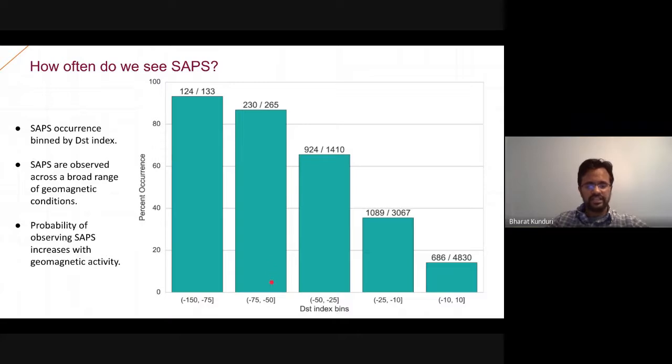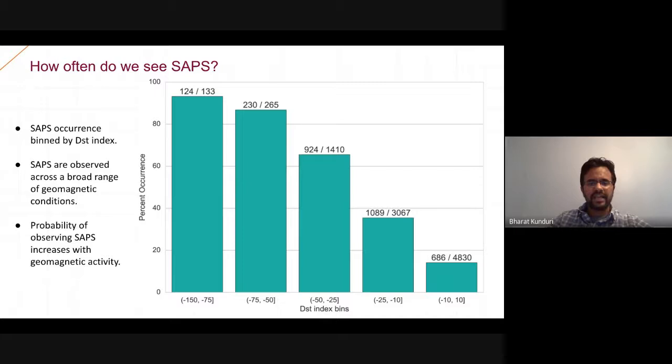We divided these data into different Dst index bins representative of geomagnetic activity levels. The lowest activity level is represented by the -10 to +10 Dst bin. As geomagnetic activity increases and we see strong geomagnetic storms, the Dst level is expected to drop below -100 nanotesla. This is indicated by the bin between -75 and -150 nanotesla.